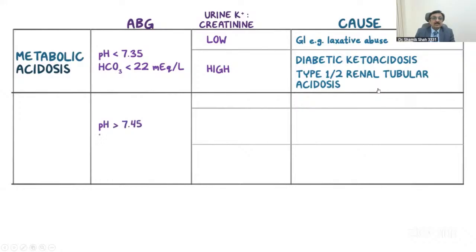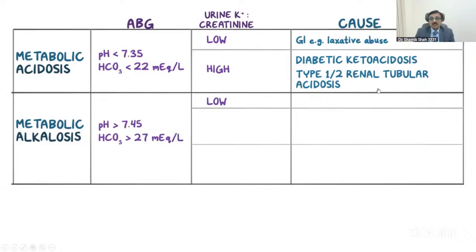Now, if the patient has metabolic alkalosis, where pH is more than 7.45 and bicarb is more than 27 milliequivalents per liter, then we look at the urine potassium and creatinine ratio and see if it is low, then the cause of the hypokalemia is most likely vomiting.